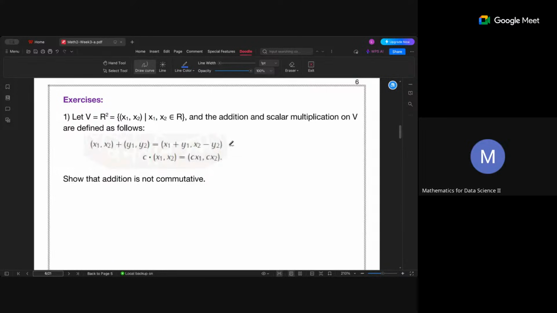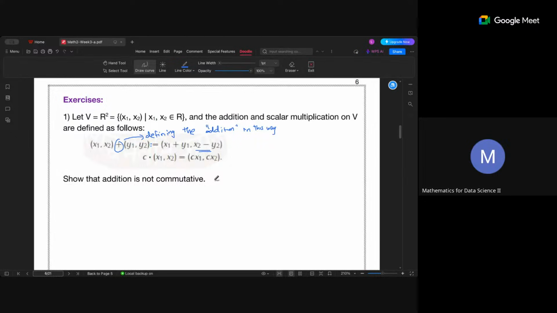But now I am particularly defining the addition in this way. This is not the usual addition. You see that it is x2 minus y2. If I am defining like this, will the set R2 be a vector space or not? The question is, show that addition is not commutative for this set.